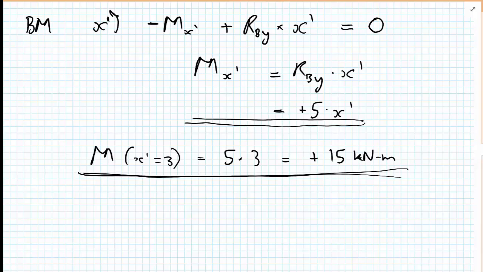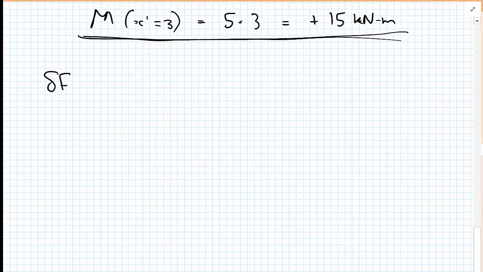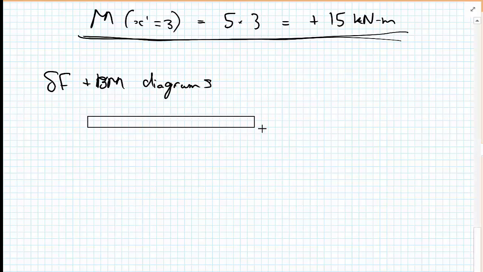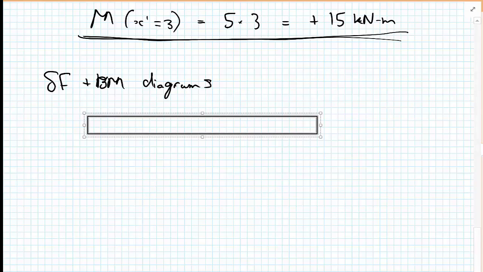So finally we're going to draw our shear force and bending moment diagrams. And as we've done with most of the problems, let's draw the situation, remind ourselves that we had RBY, and you might even want to draw on this that we had -5, +5, and in the center 30 kilonewton meters.